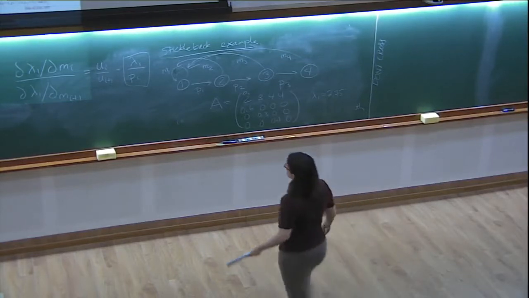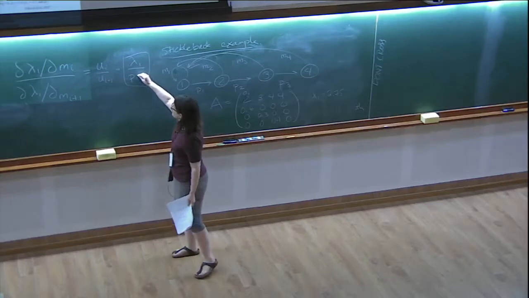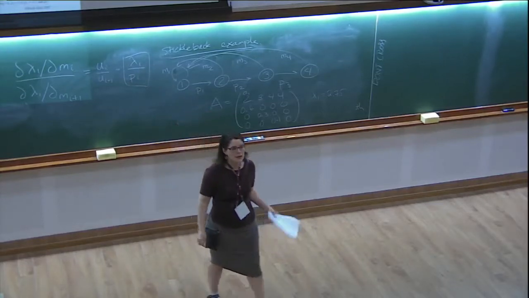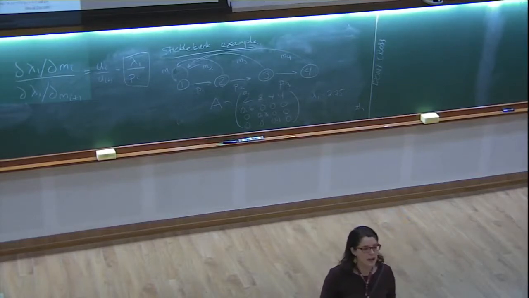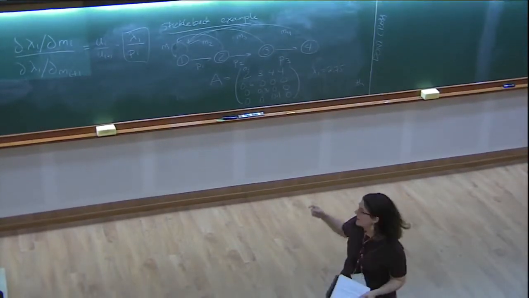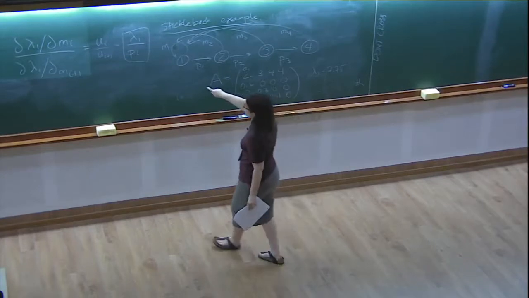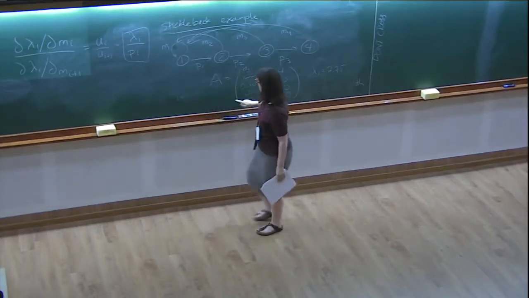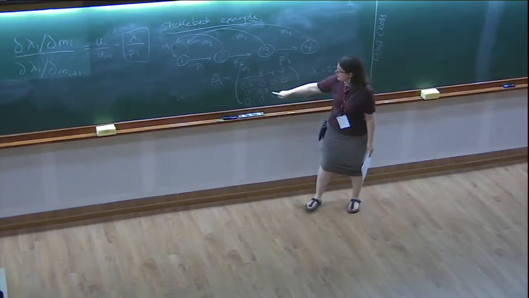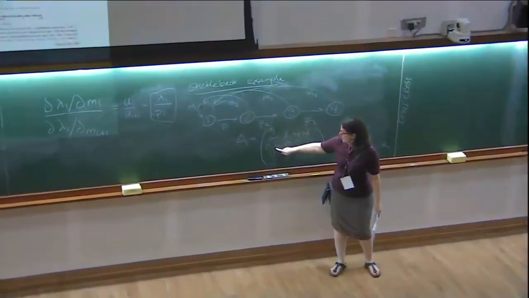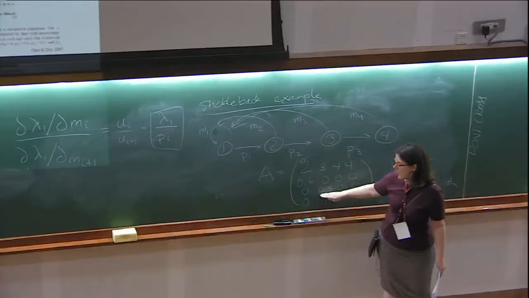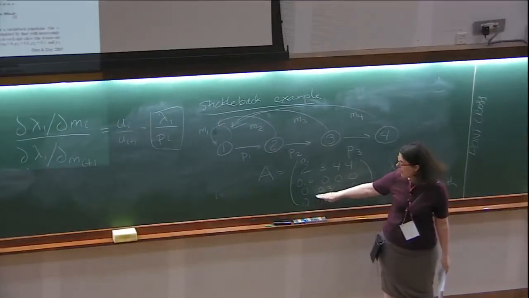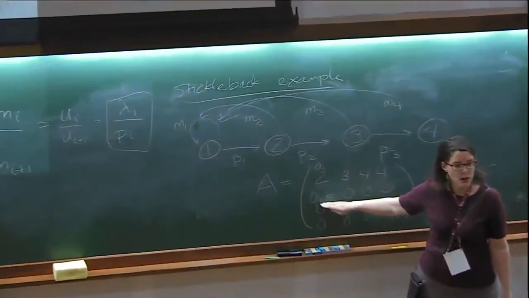What I want you guys to do, because you have so much time, is later on, so this is posted, go ahead and find these sensitivities. The reason we're interested in this, we might think to ourselves, what if we could increase survivorship of age class 2 at the cost of some survivorship in age class 1?